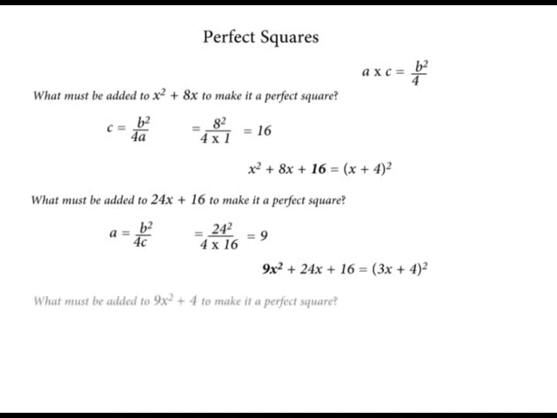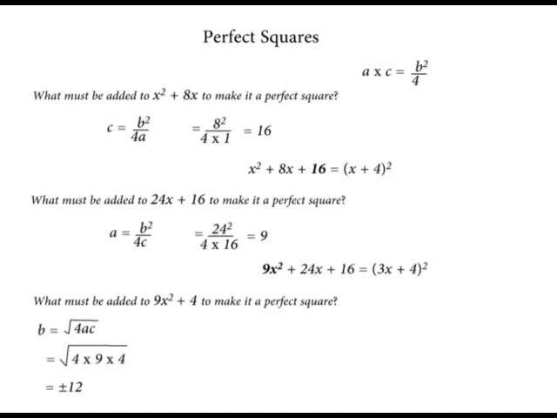Finally, what must be added to 9x squared plus 4 to make it a perfect square? In this case, b is missing. From the expression a times c is equal to b squared over 4, b is equal to the square root of 4ac. That is equal to 4 times 9 times 4. That is the square root of 144, which is plus or minus 12.